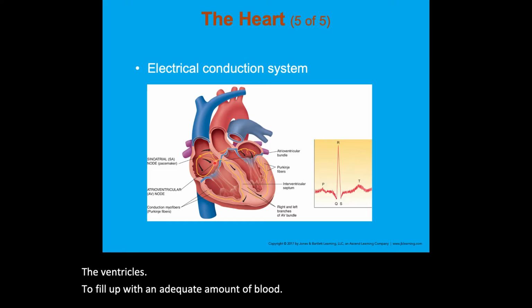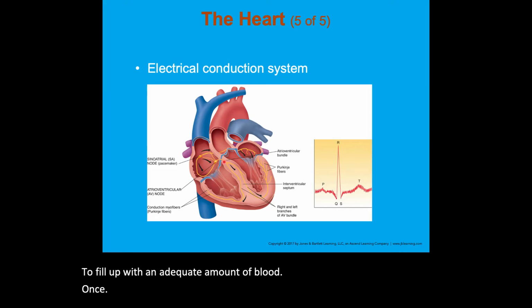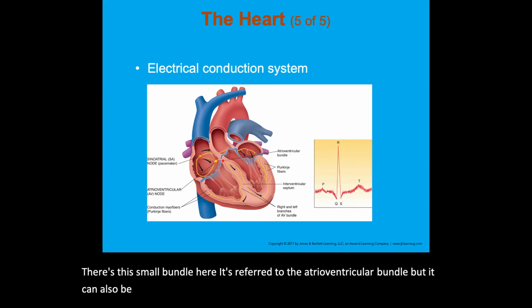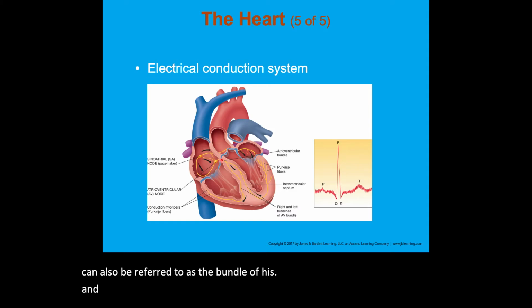Once it comes out of the AV node, there's this small bundle here. It's referred to as the atrioventricular bundle, but it can also be referred to as the bundle of His. And that is probably the most common name that you're actually going to hear.